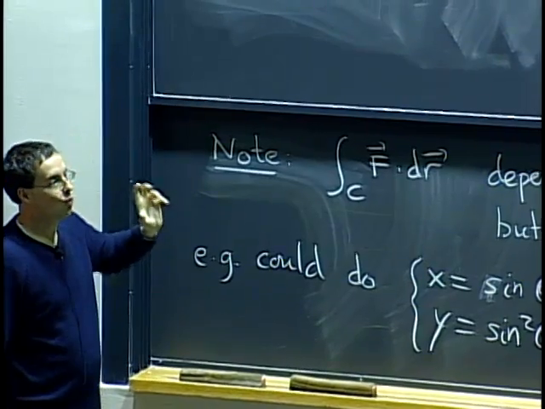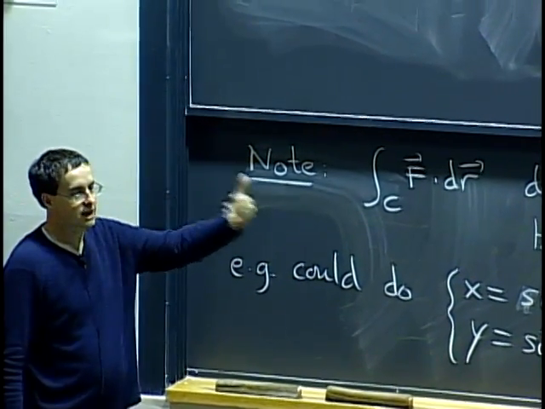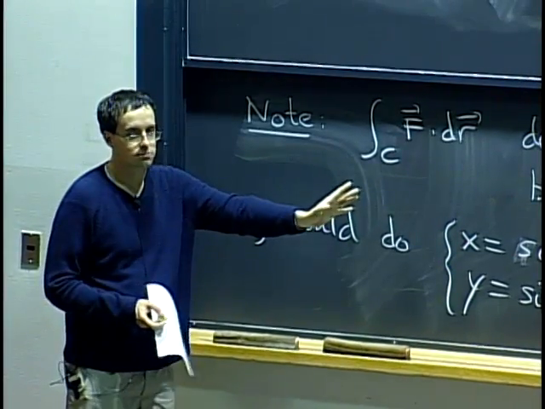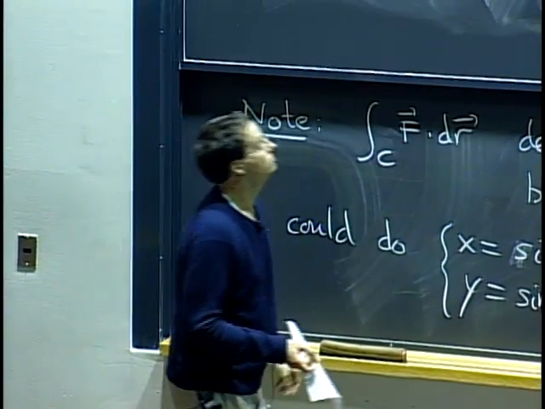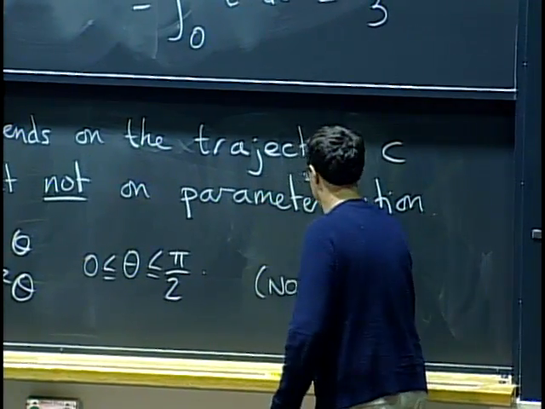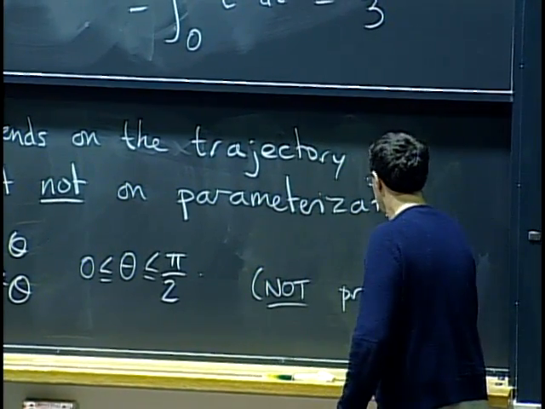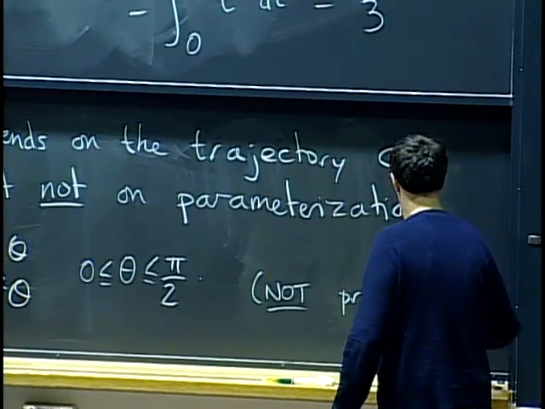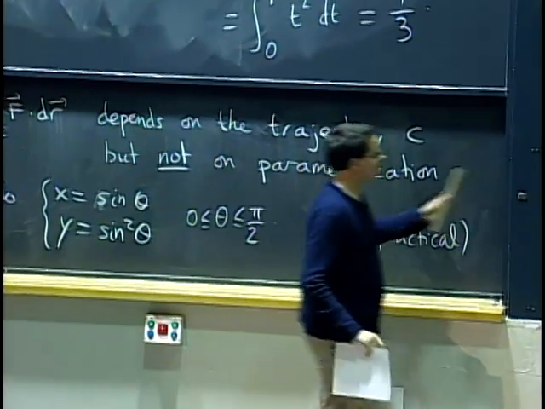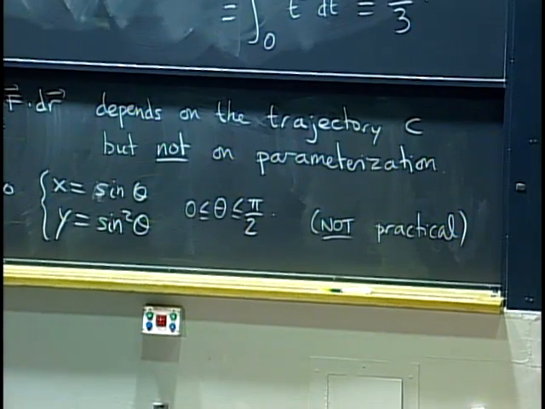And then when you have y, you set y equals x squared, dy equals 2x dx, and then you have an integral over x. That works. Okay, so this one is not practical. But you get to choose.